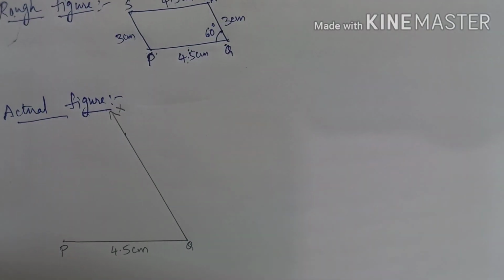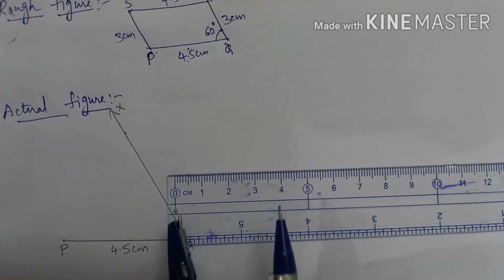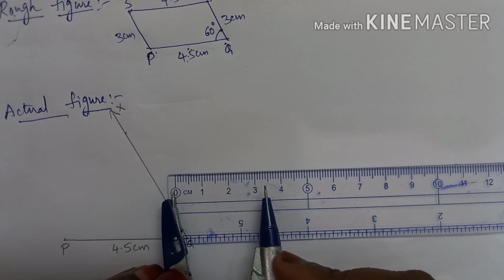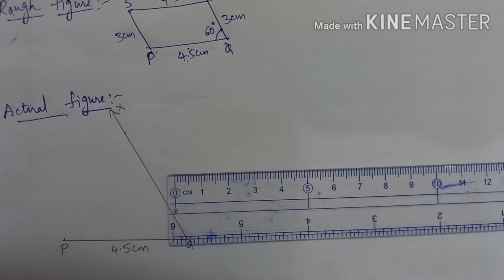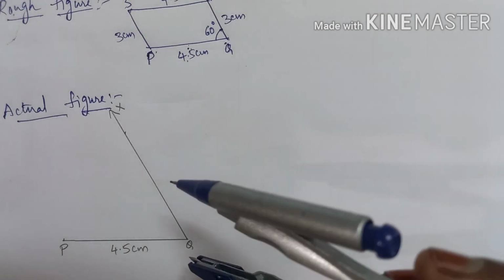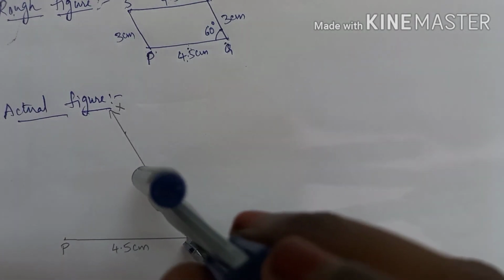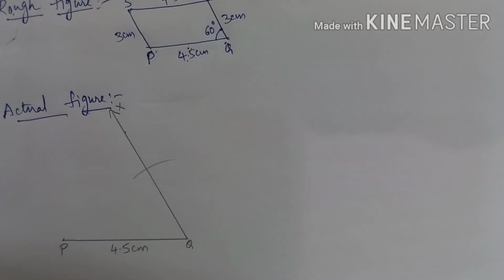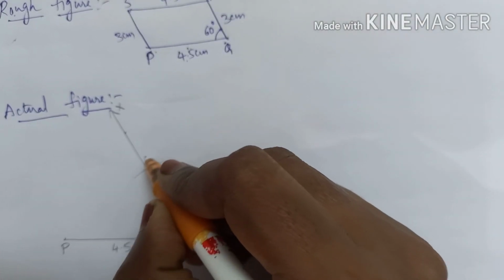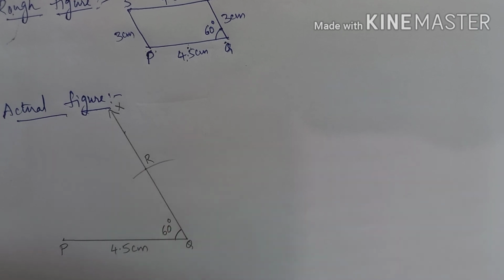So again take the ruler and take 3 centimeters as radius. So with Q as center, on QX draw an arc. The intersecting point is R. Here we construct the angle 60 degrees. See, is it clear, children? It's clear.